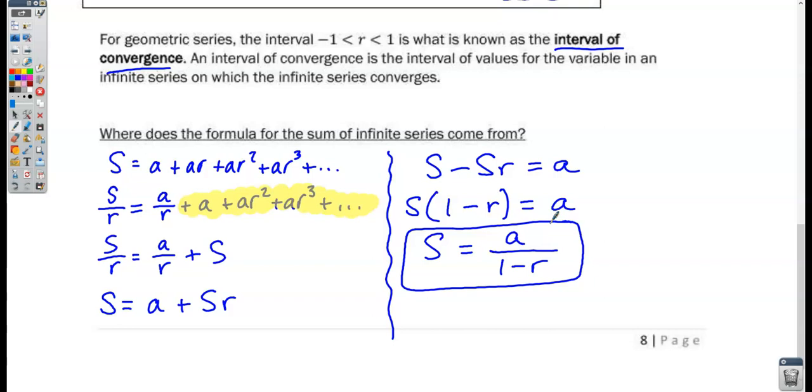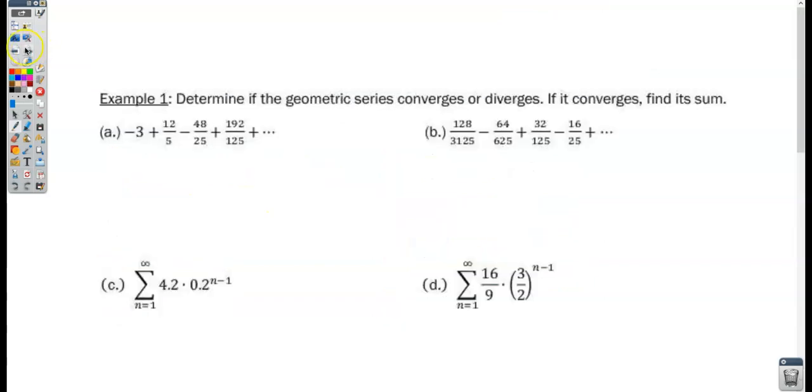All right, let's go ahead and we'll start working our way through some examples of determining whether the series converges or diverges, and if it converges, finding its sum. So, first series, -3 plus 12/5 minus 48/25 plus 192 over 125, etc. First thing I want to do is confirm that this is a geometric series.